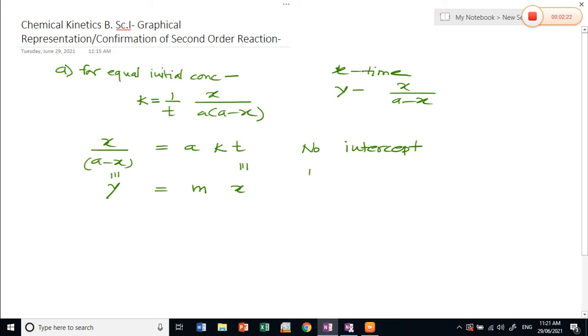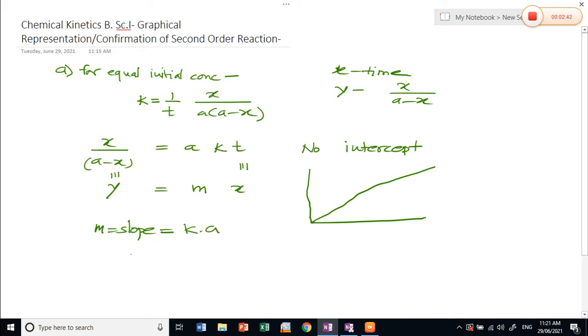So if we draw the graph like this, we will get a straight line passing through origin, because it is having no intercept. Okay, and what is the value of slope? So m, the slope, is equal to k into a.